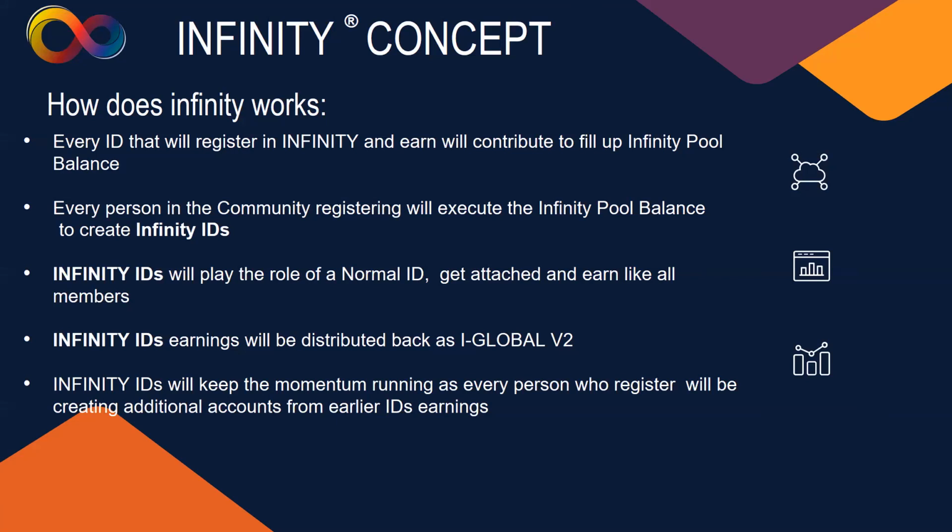Okay, on the third point, we have Infinity IDs will play the role of a normal ID, get attached into the matrix of the smart contract and earn like all members. And here, dear friends, is the best point that the smart contract has: creating an Infinity ID from the people's contribution, then making it run like a normal one. So the system will take some of your incomes.